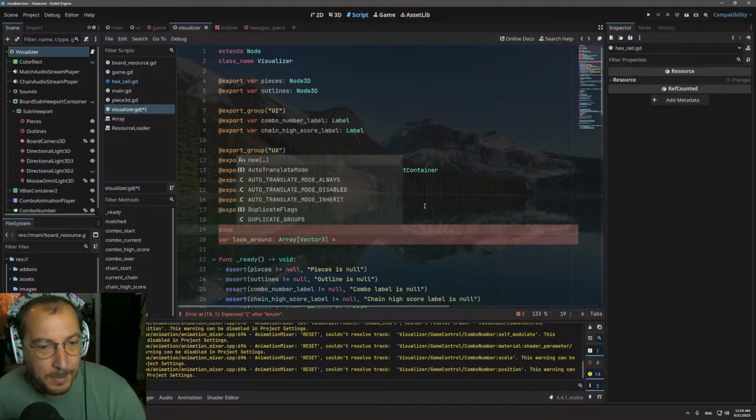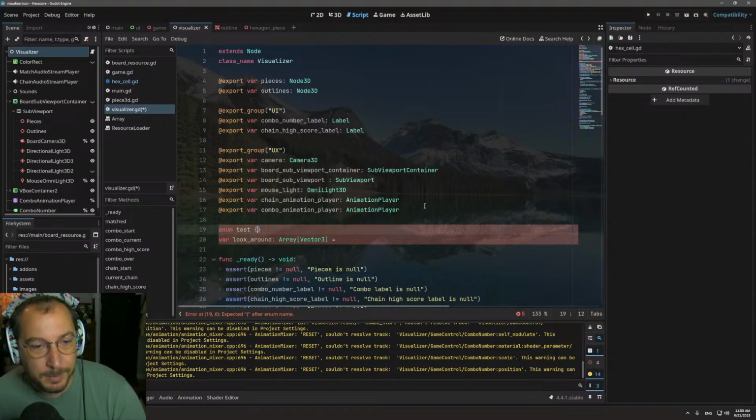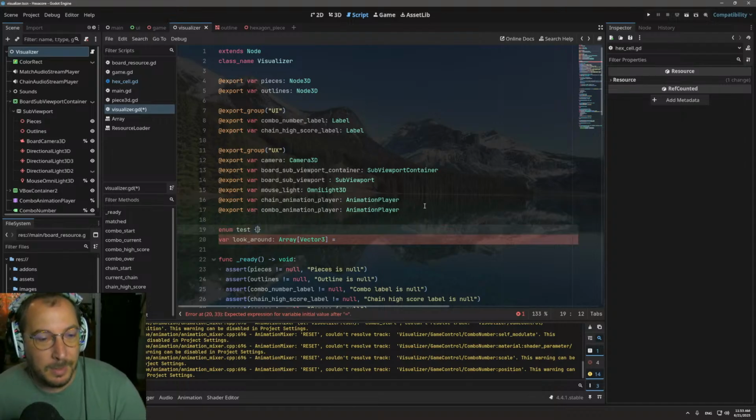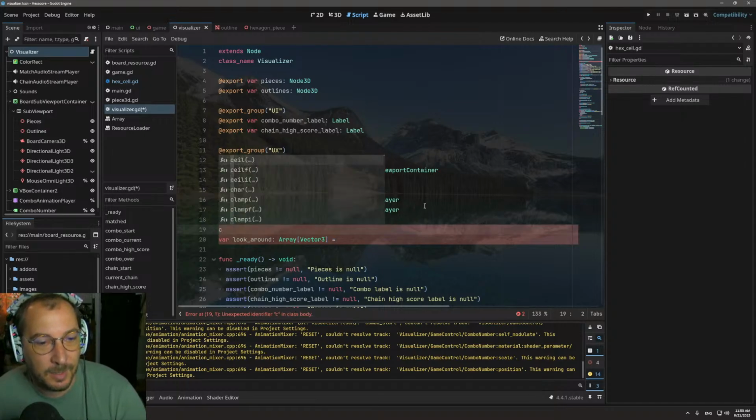Boom, boom, boom, boom, boom, boom. Enums can only be, so these need to be consts.